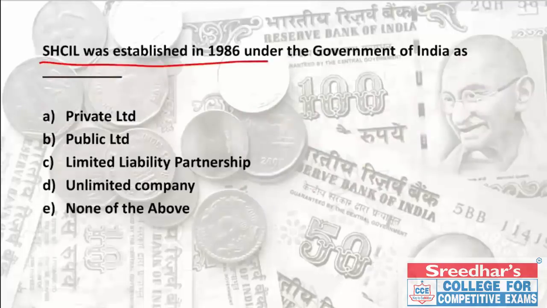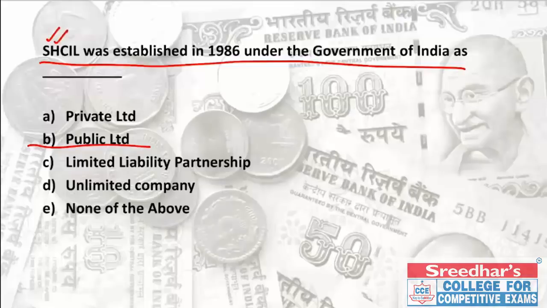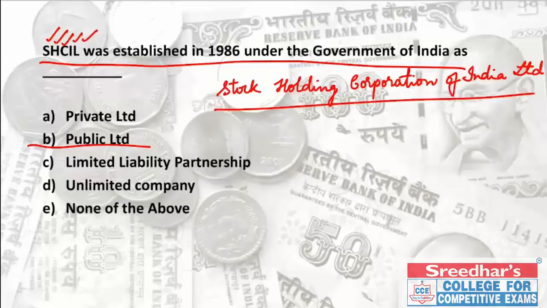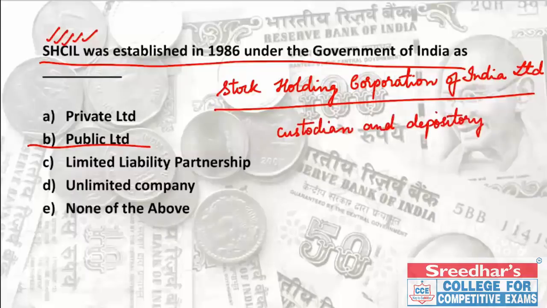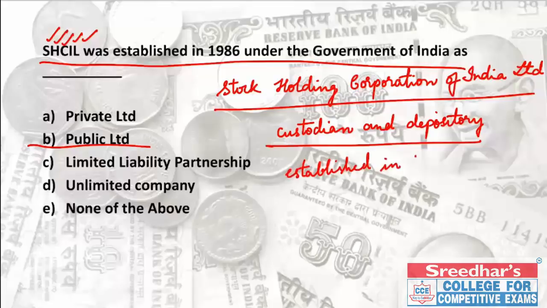SHCIL was established in 1986 under the Government of India as a public limited company. What is SHCIL? SHCIL is Stock Holding Corporation of India Limited, India's largest custodian and depository participant based in Mumbai, Maharashtra. It was established in 1986.